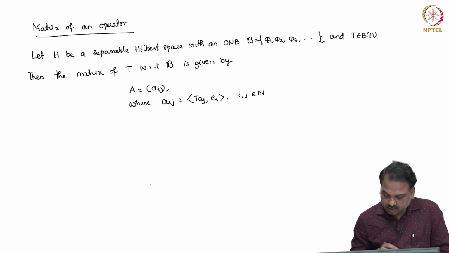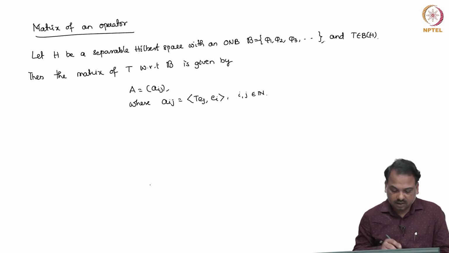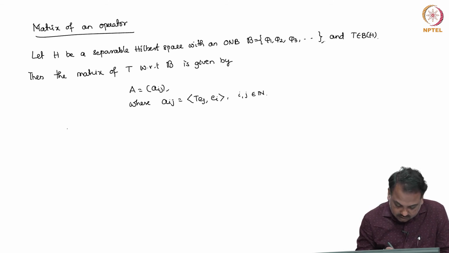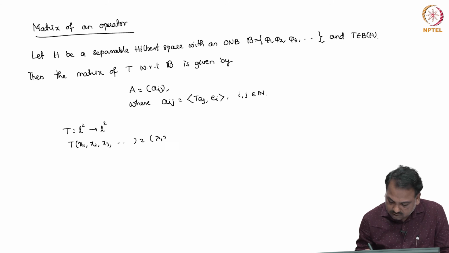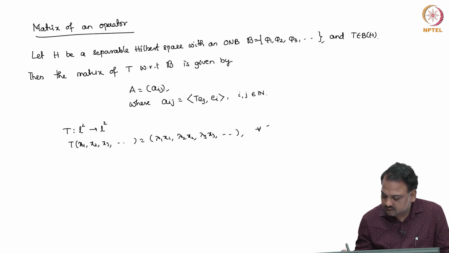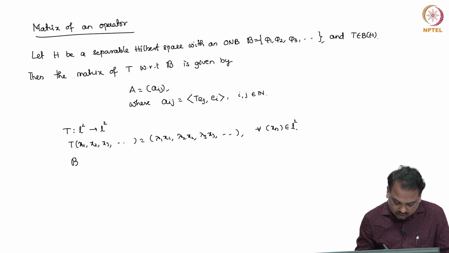Okay. Now let us quickly recall the earlier operator we defined, T from L2 to L2, taking x1, x2, x3, and so on to lambda 1 x1, lambda 2 x2, lambda 3 x3, and so on, for every sequence in L2. Now let us take B to be the standard orthonormal basis that we defined earlier.